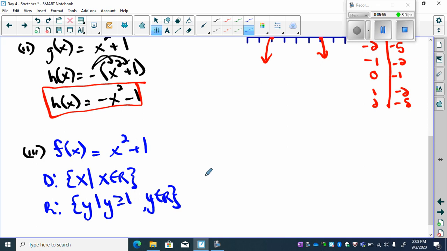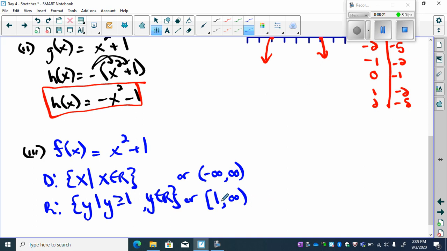Now, in interval notation, it will look like this. From negative infinity to positive infinity. That is an interval for the domain. For the range, it would be from 1 to infinity. So it's always your smaller number first, and then your larger number second.